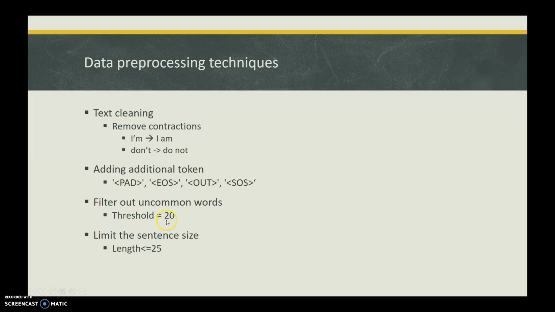We put a threshold of 20 here because we want to figure out the uncommon words, which should not happen in the learning process. The next one is that the length of each sentence is limited to 25 words because we cannot train on a sentence bigger than 25 words. That will cause a lot of errors.